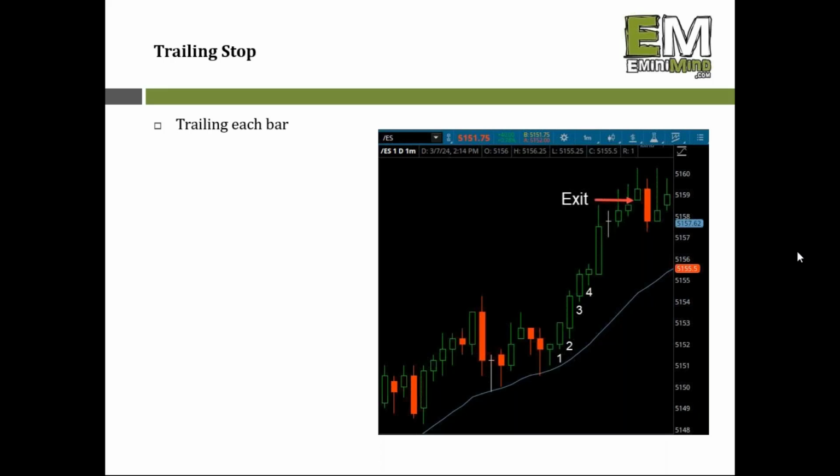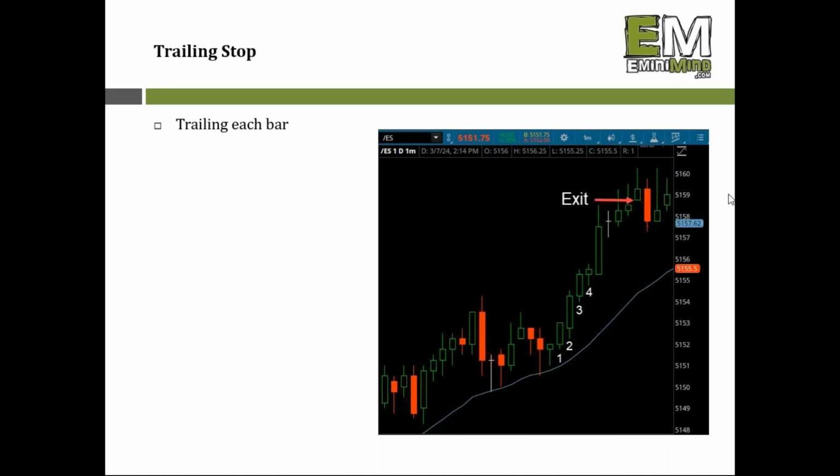There's no reason if I get in a trade and it just rips out of the gate, and I get 4 candles that go higher high, higher high, higher high, higher high, then there's no reason to let an 8-point profit come all the way back and stop me out for -3. So I'll move my stop up underneath the 4th green bar, 1 tick below, and then just continue trailing each candle from there.